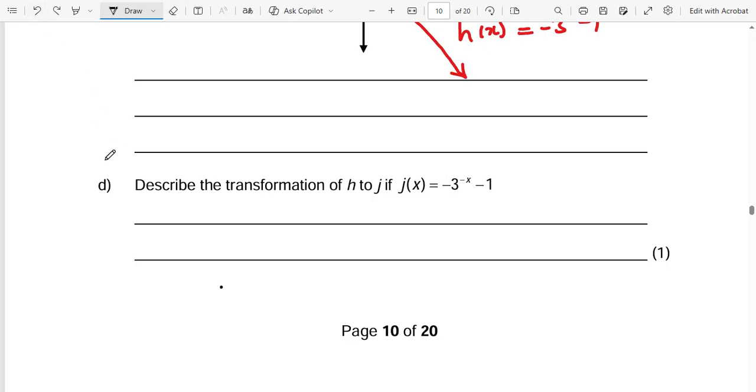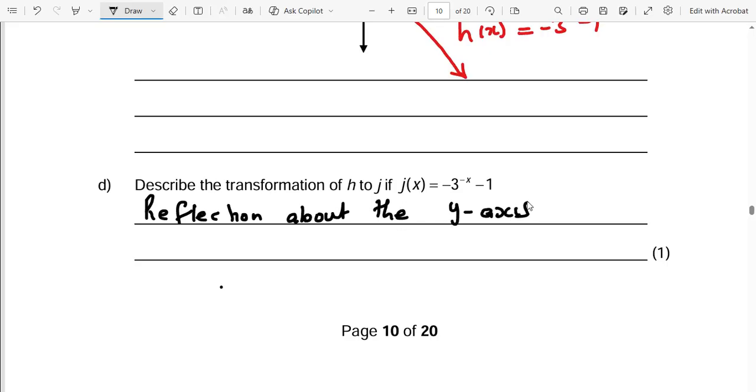If the x changes, this is the reflection about the y-axis. And if your graph changes the y, then you say this is the reflection about the x-axis.